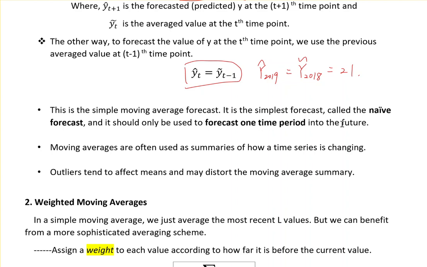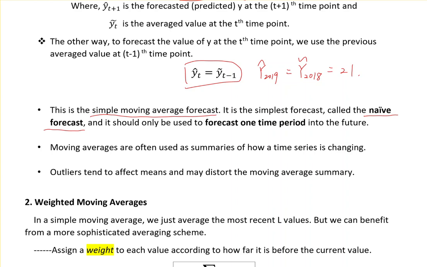All right, okay, so this method, which is the simple moving average forecasting method or average method, is also called the naive forecast. What does that mean?